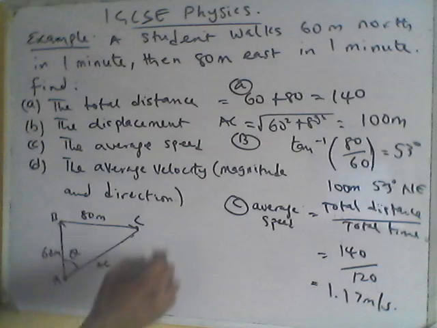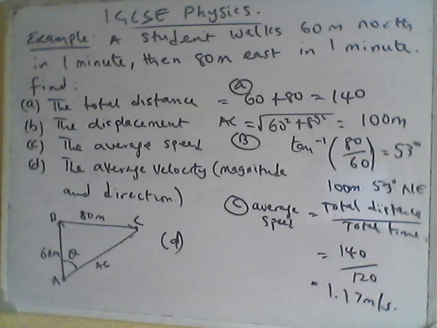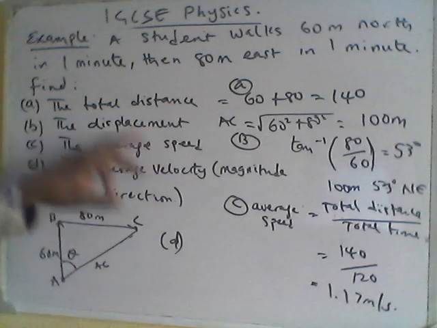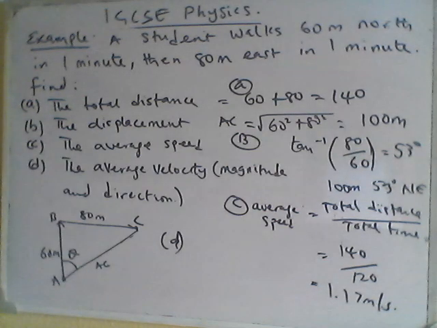Okay, now finally D part asks for the average velocity, magnitude and direction. Now this average velocity is the one that has to do with direction, you understand? And we are going to be comparing displacement over total time. Displacement already is giving us 100 meters.